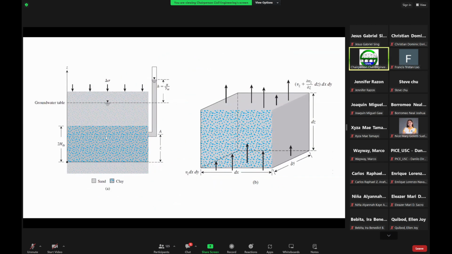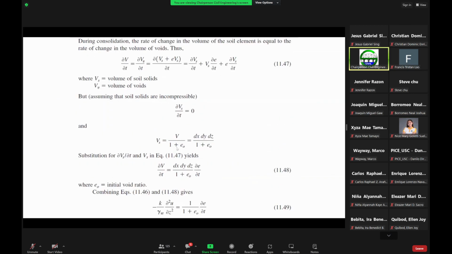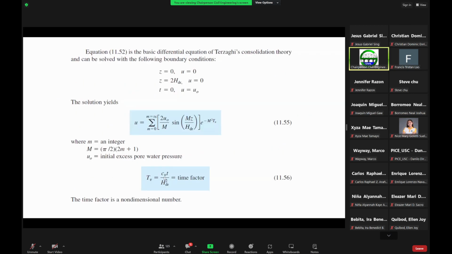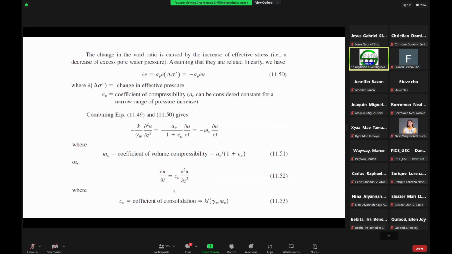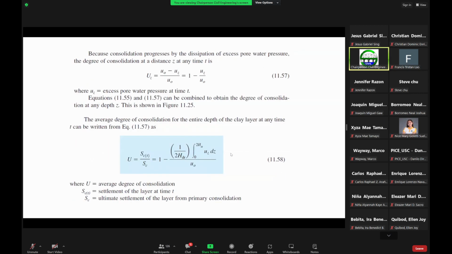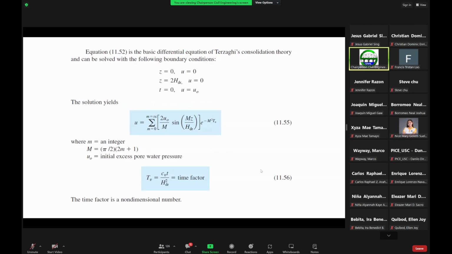This is your depth of drainage. And C sub V is your coefficient of consolidation, equal to the hydraulic conductivity over the unit weight of water multiplied by the coefficient of volume compressibility, which is equal to the coefficient of compressibility over 1 plus the initial void ratio.